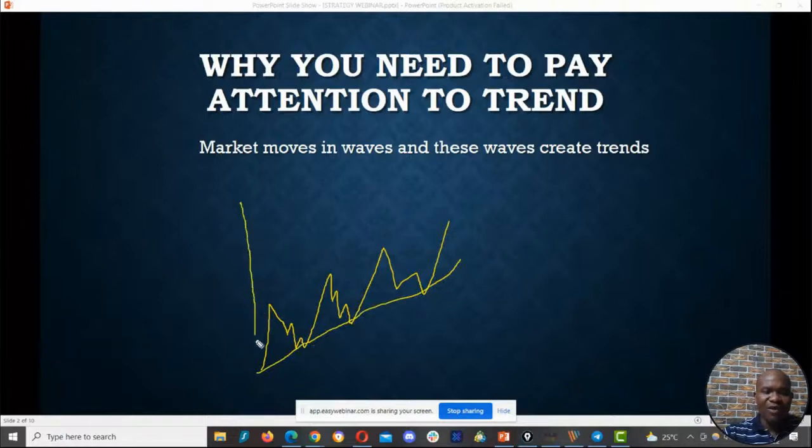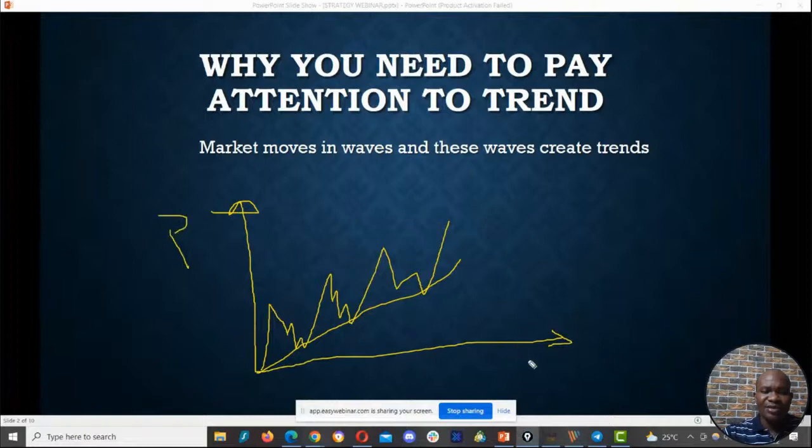This wave can be plotted in this kind of chart, whereby we have the price here, let's use P, and the time here, let's use T. As the market is moving like this in a wave, we can draw a line touching the base, a kind of support where the market reaches before it bounces off the line. That's why the market moves in waves, and these waves create trend.